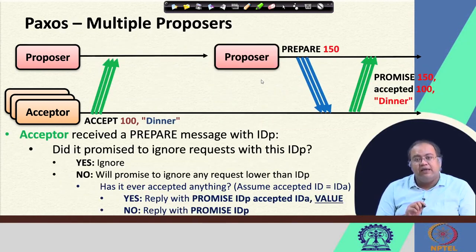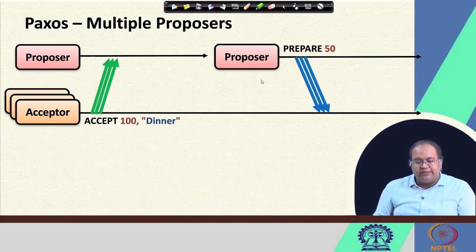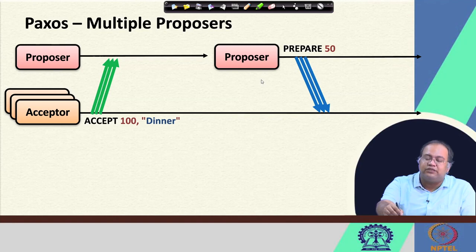The acceptor receives a prepare message with a certain ID, and it sees whether it had promised to ignore that request or not. If it promised to ignore that request, then it will ignore it; otherwise it will send a promise message. Here there was a prepare message with ID 50, but you have already promised to ignore anything less than 50, and you agreed on 100. So this message will get ignored.